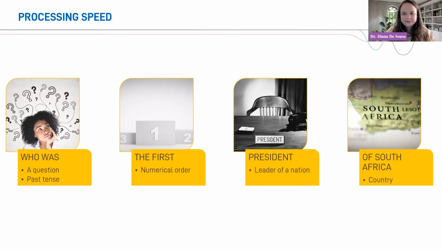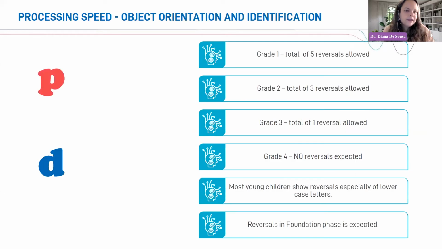As we move to the next slide, another important aspect is processing speed around object orientation and identification. So many a times children with learning disabilities struggle with letter sound, and also with having the letter in its correct upright orientation, because as we can see on this particular slide, a B and a P are direct reversals of one another, but a B and a P mean different things and they have different sounds.